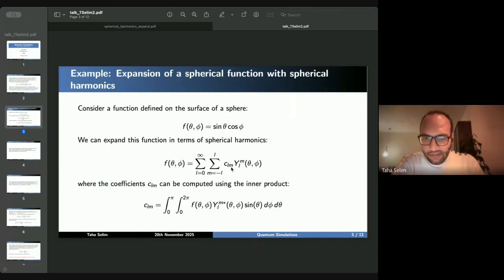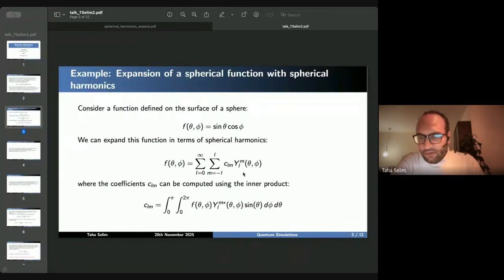So the main goal of the next session, for which this session is a foundation, is how to compute these expansion coefficients C_LM. C stands for complex, because these are complex spherical harmonics. We have different types of spherical harmonics that we are going to see later.